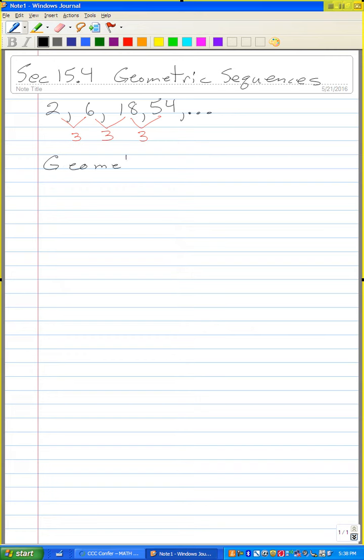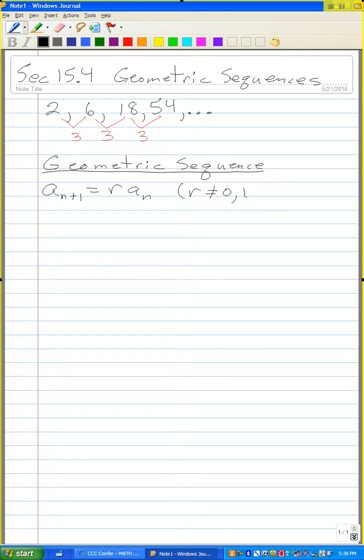So a geometric sequence is, for any natural number n, a sub n plus 1 is just equal to r times a sub n. Let me assume that r is not 0, otherwise you have just a whole sequence of zeros.